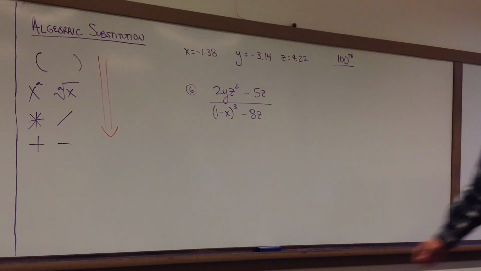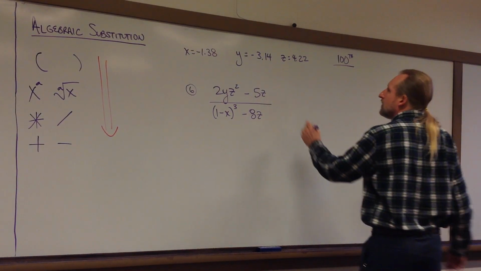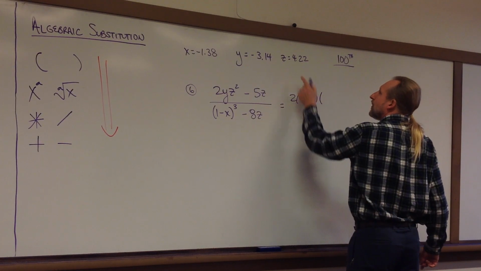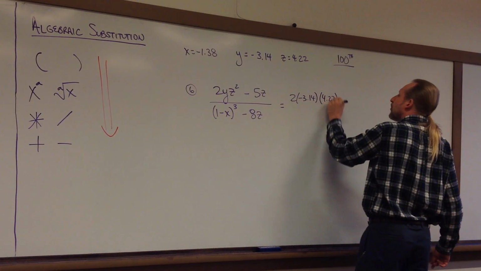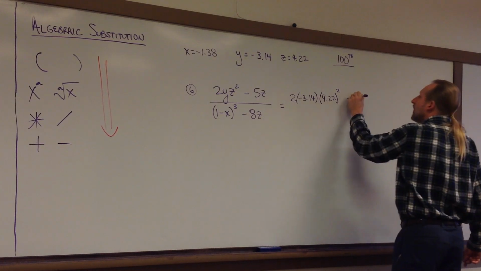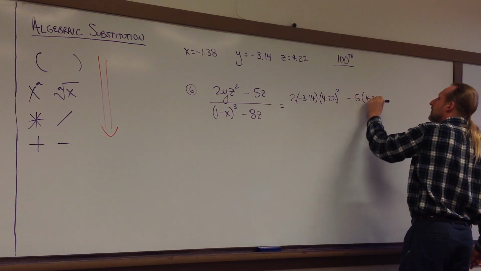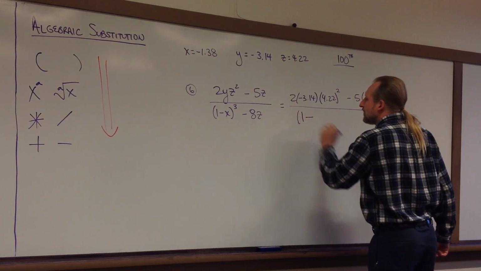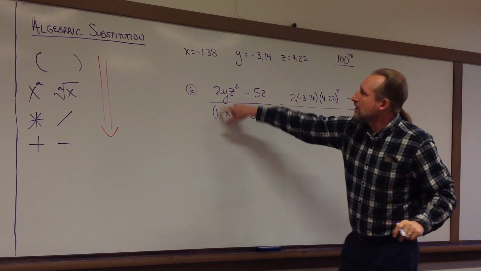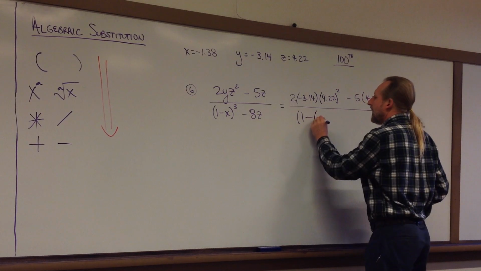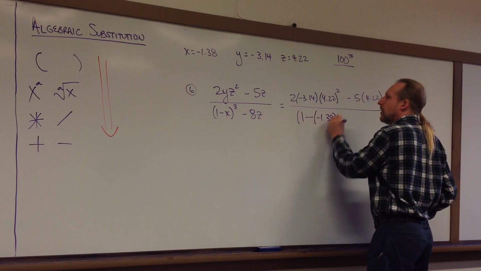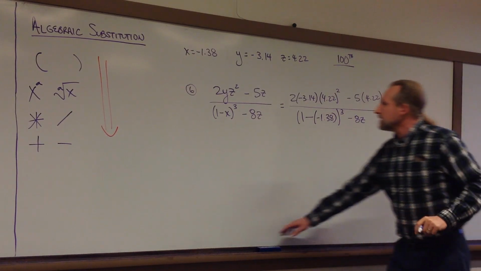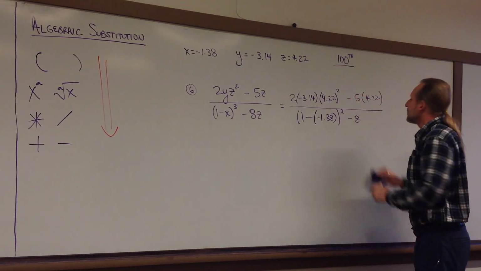Okay, well, let's go ahead and plug these numbers in. 2, negative 3.14, and then the z, 4.22 gets squared, and then minus 5 times 4.22. On the bottom, again, this minus sign comes from the formula, but the value x also has its own minus sign. Oh, I got to plug in z on the bottom there, 4.22.